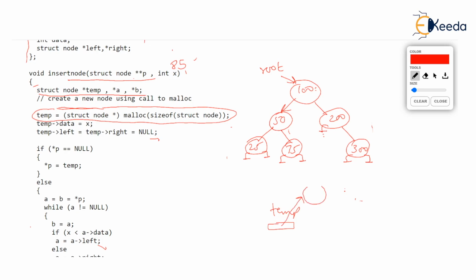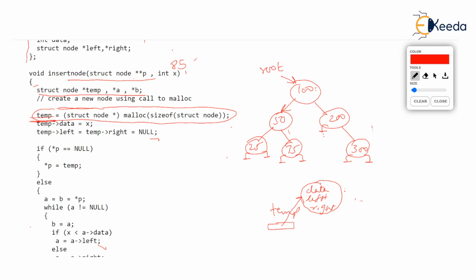Now this new node has data, left and right. Let me make it clean. The new node that we have created has three members: data, left and right. And temp is pointing to the new node.